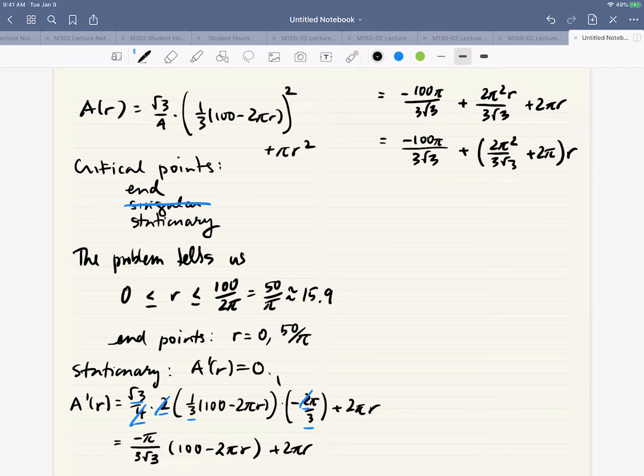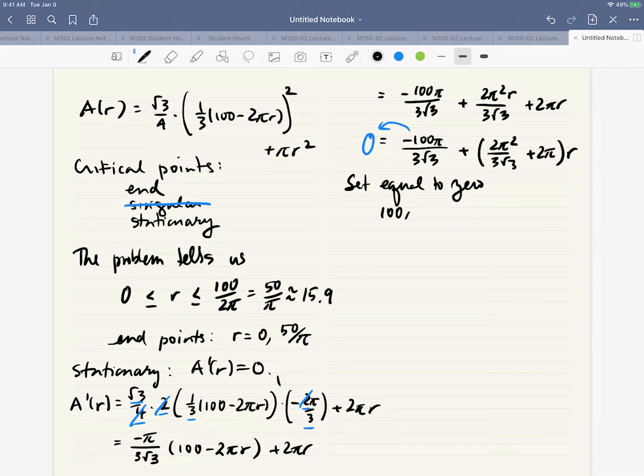The next thing I want to do is set this equal to 0, because what we want are the stationary points. I've just found an expression for my derivative, but now let's set it equal to 0. If we set it equal to 0, we get that. And I'm going to add that constant term to both sides.